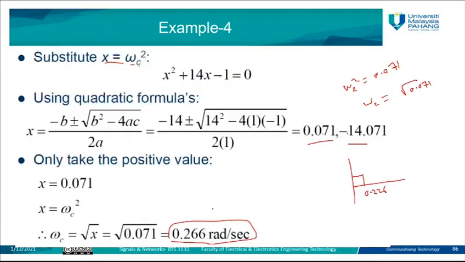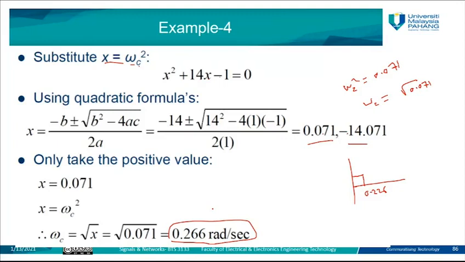Hopefully it is clear now, and you understand how we can decide the value for your low pass filter, the transfer function, the type of the filter, how we can find the transfer function for the filter, and how we can find the cutoff frequency for the filters.